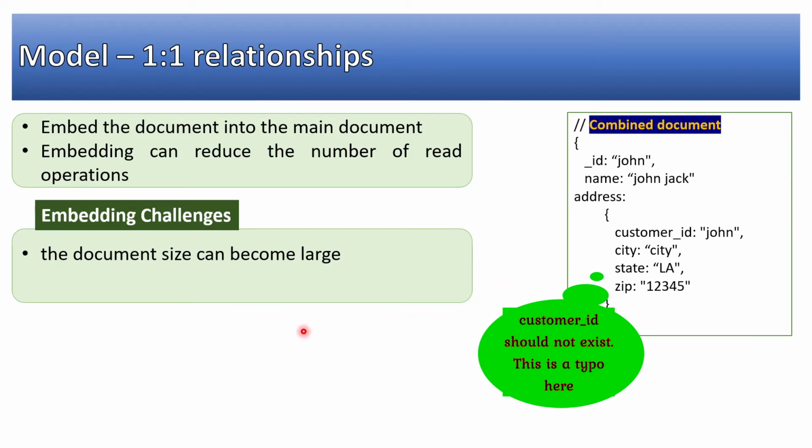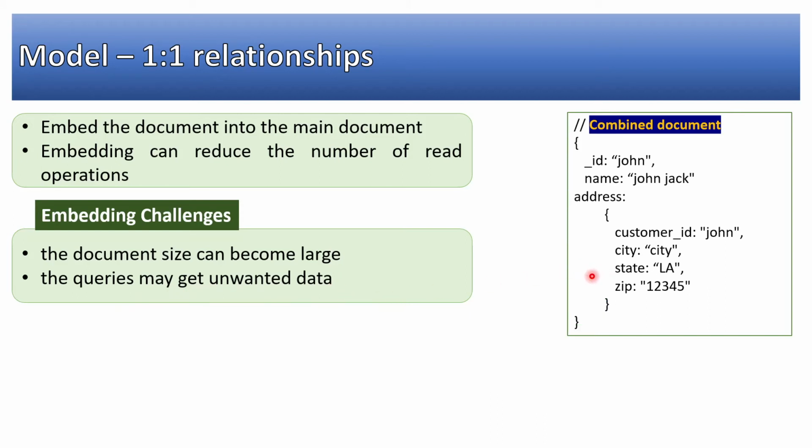So that way the document size can grow very huge. The query may get unwanted data. Some developers may fetch all the data. In that case, the data size being returned from the database will go too high.